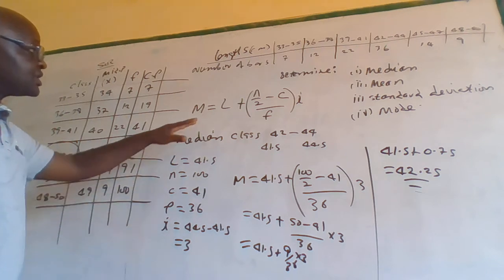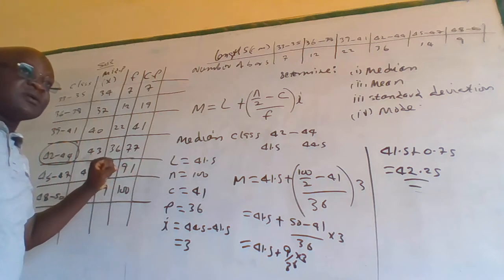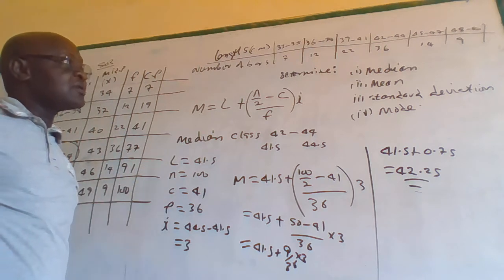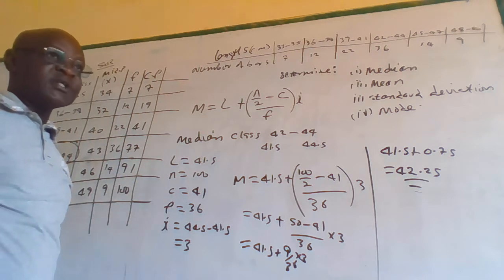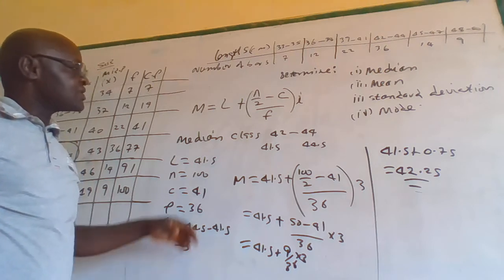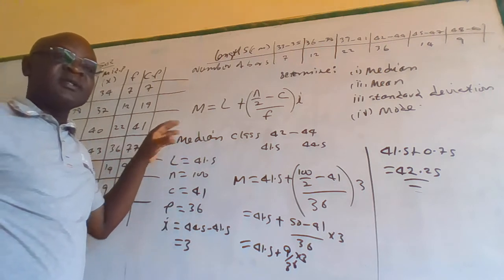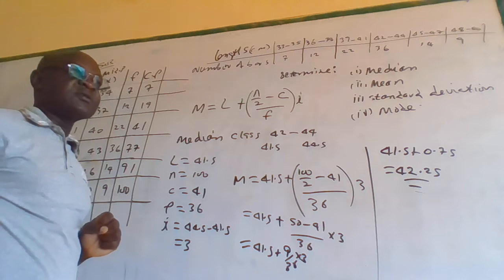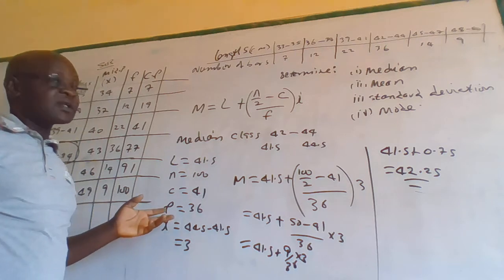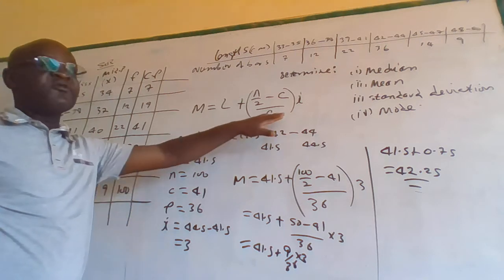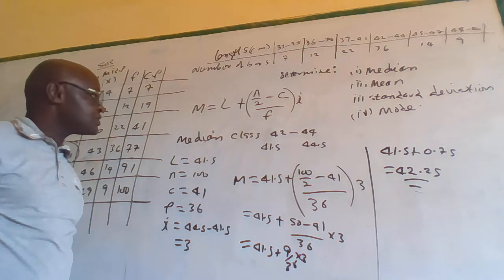So the most important thing is to get the median of any given group data. The first thing is for you to identify the median class. Very important. Once you identify the median class, then this is the formula that you normally use.